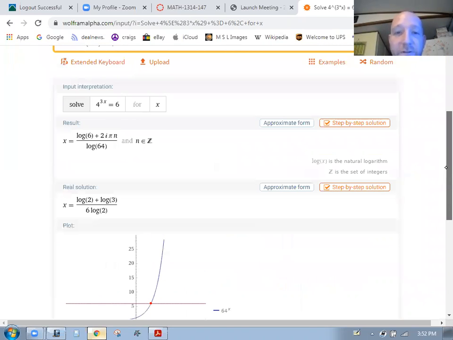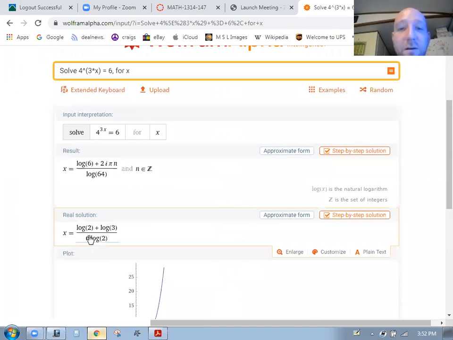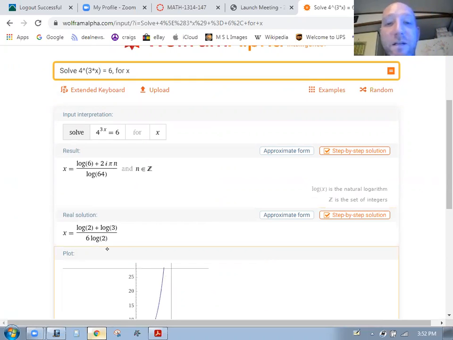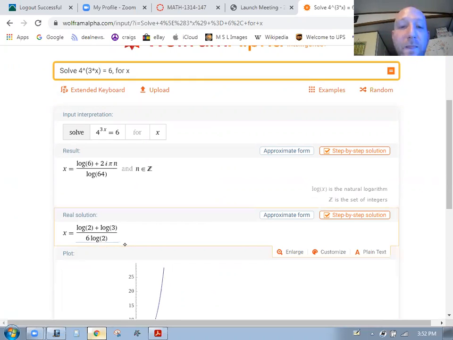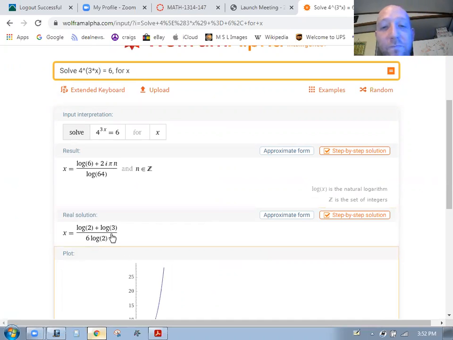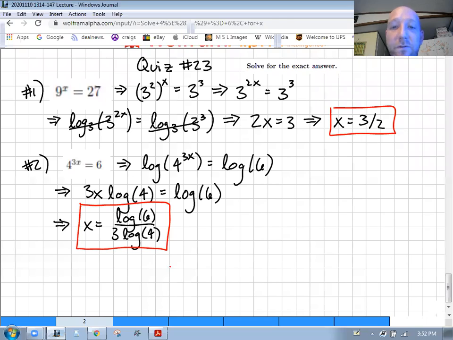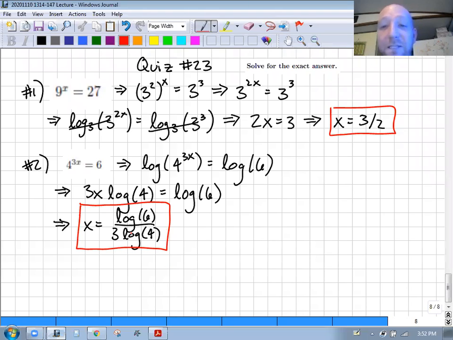So what does it give us here? It gives us common log of 2 plus the common log of 3 divided by 6 times log of 2. All right, if we plug this into our calculator and get a decimal and compare it to what we get, ours here, they're going to be the same thing.